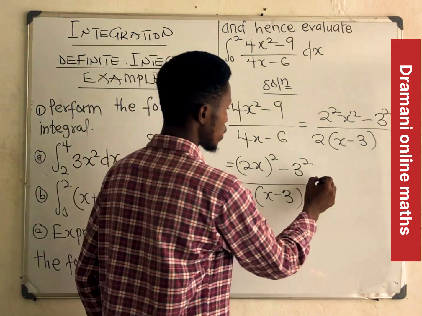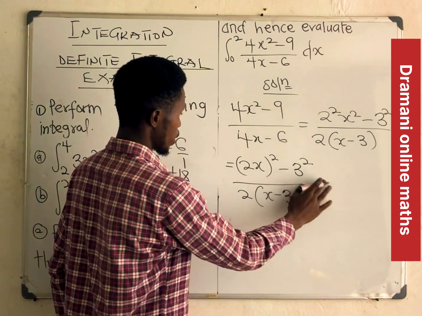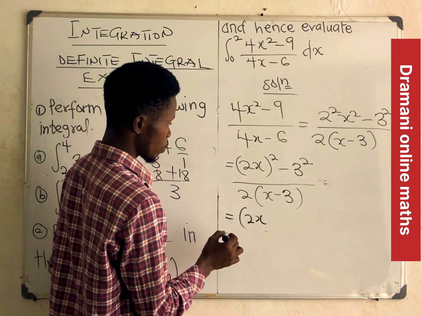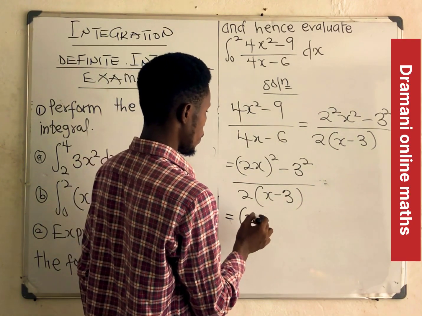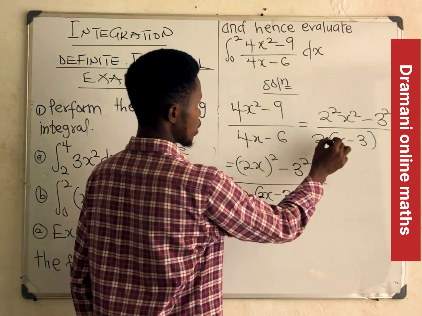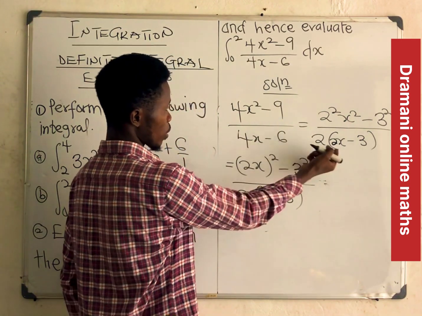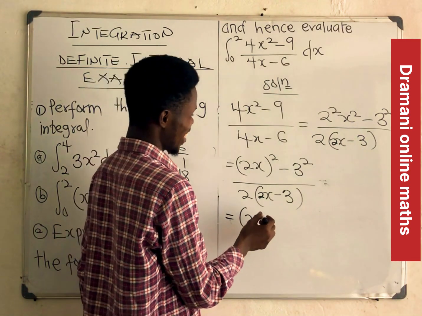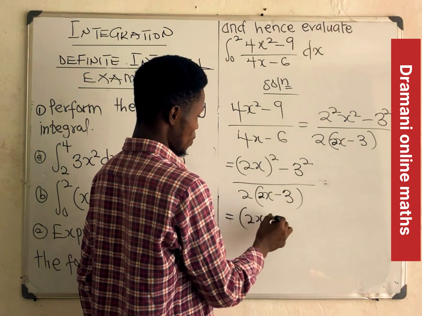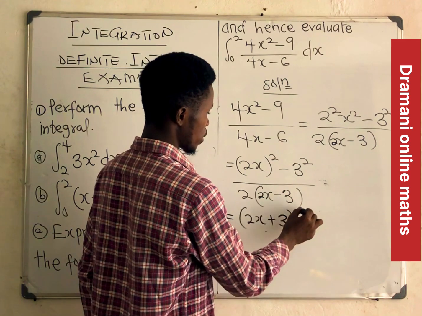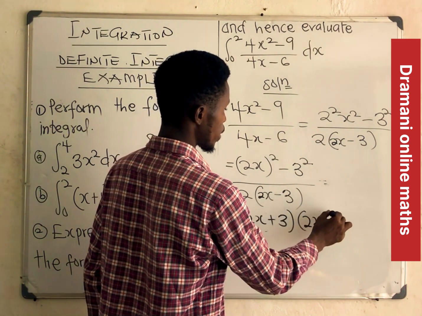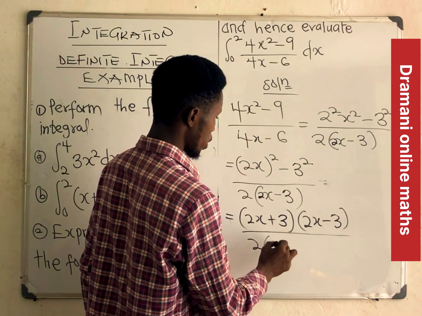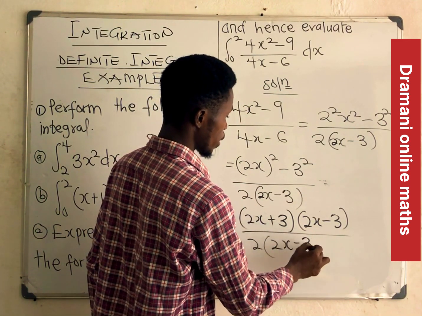So it means that, okay, let me bring it down here. I can write this one as 2x. So here there will be 2 here, right? There must be 2 here, because if I factorize 2 out, it will leave 2. Thank you very much for alerting me. So 2x plus 3 first, then 2x minus 3, all divided by 2 bracket open 2x minus 3.